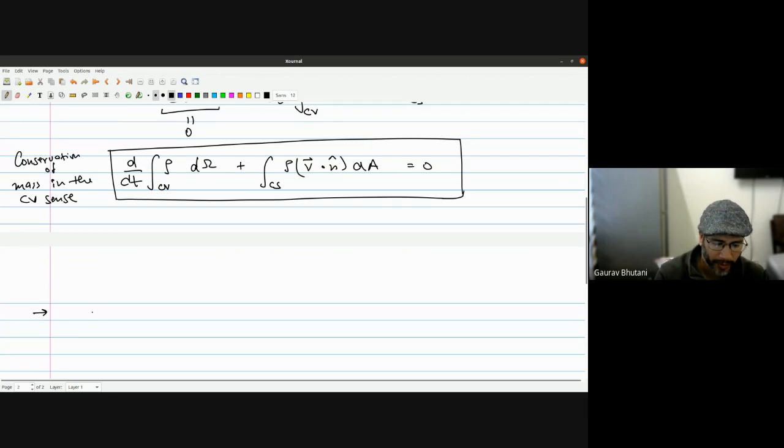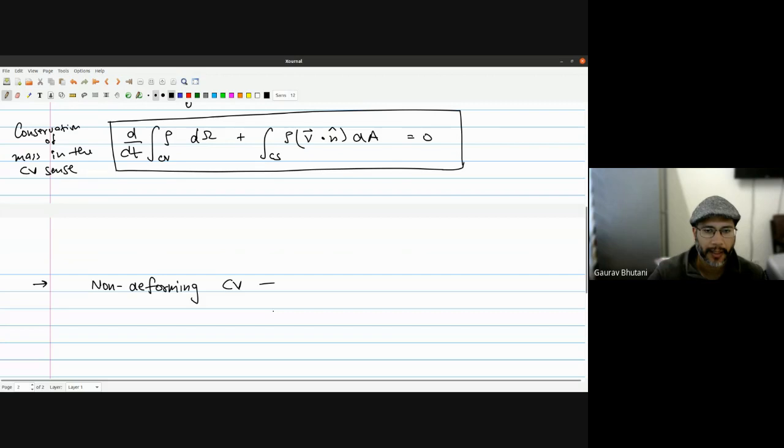Now, in most situations, you will have control volumes that will not deform. So, if you have a non-deforming control volume, then in the first term, you can take the d by dt inside the integral. So it becomes partial by partial t of the density rho times d omega.